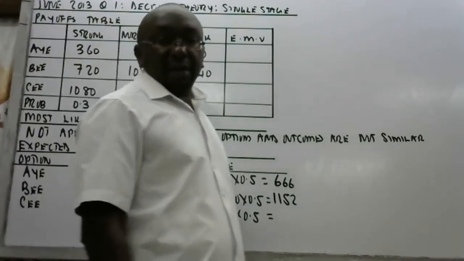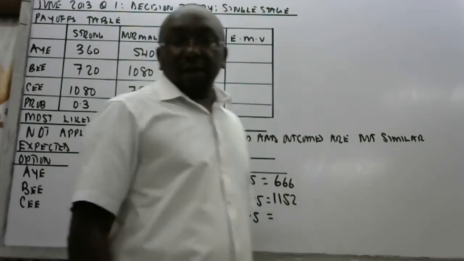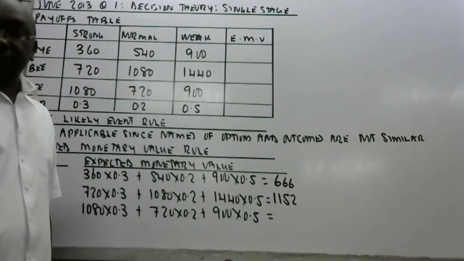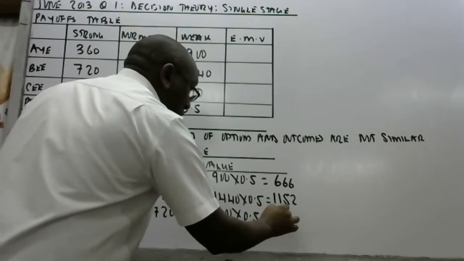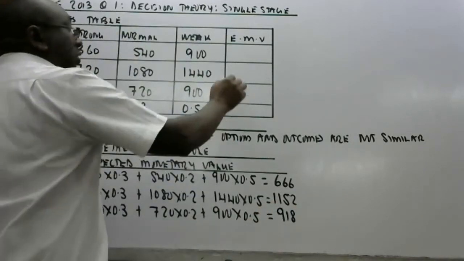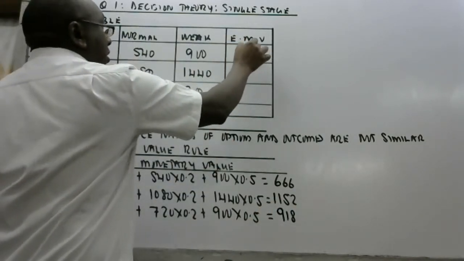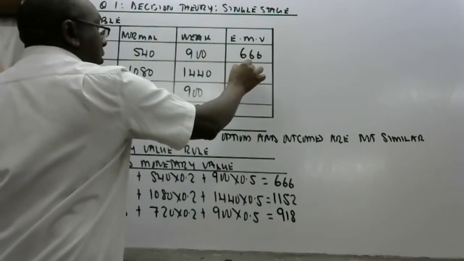One answer has come in. Yeah, good. 918. So those figures, you can copy them here.